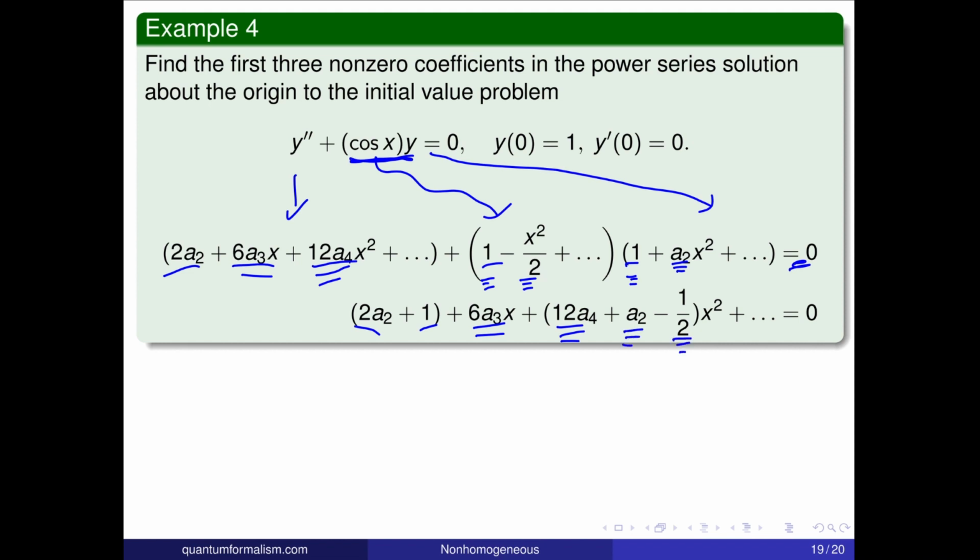We get two terms in the product for x squared. For the constant term, there's only one term in this product. X squared will have two terms in this product, but for something like x to the 10th, you'd have an x to the 8th term times an x squared term, an x to the 6th term times an x to the 4th term, and an x to the 10th term times an x to the 0 term.